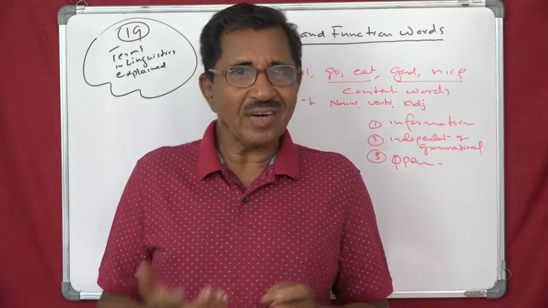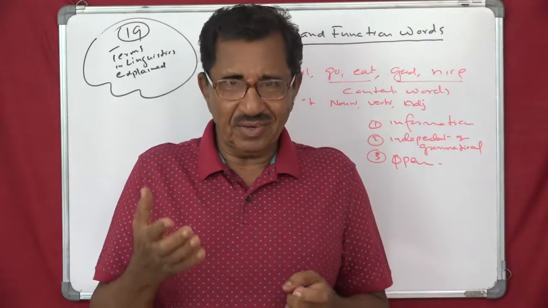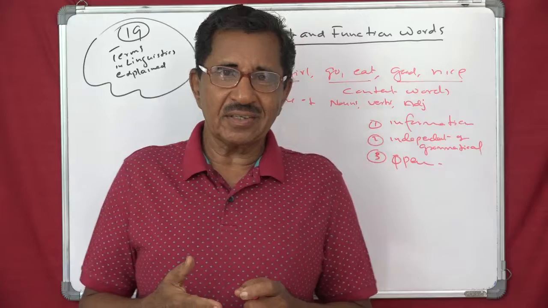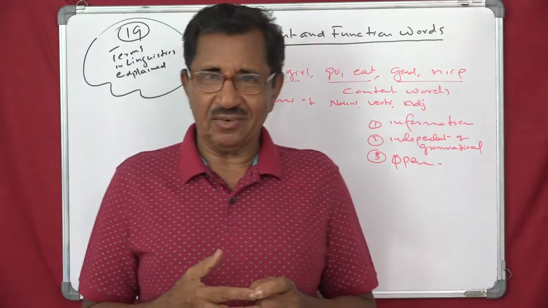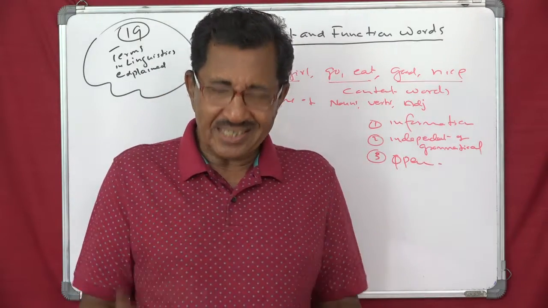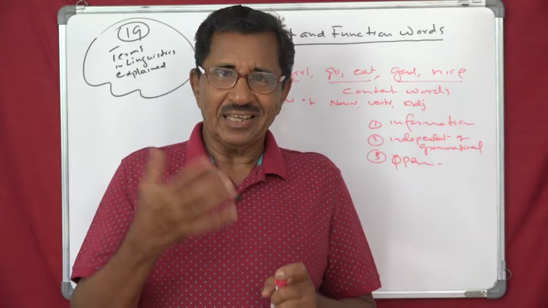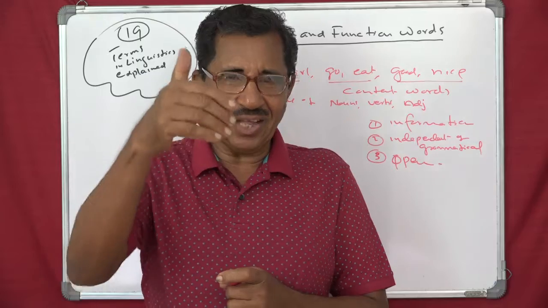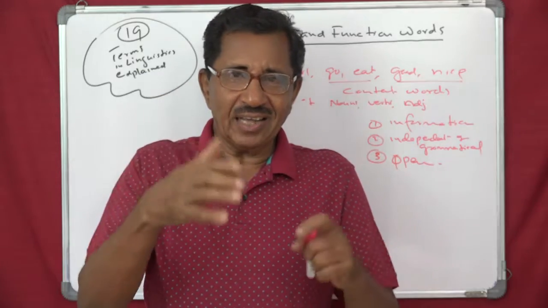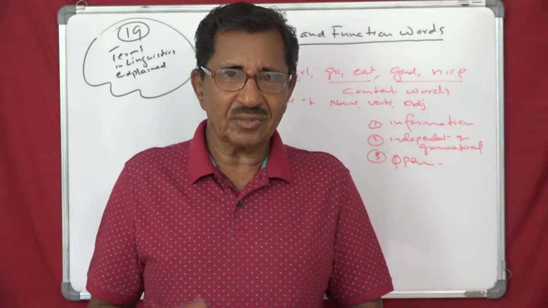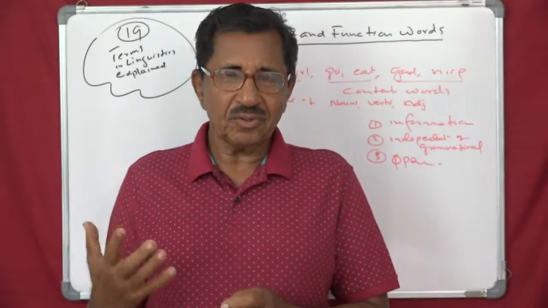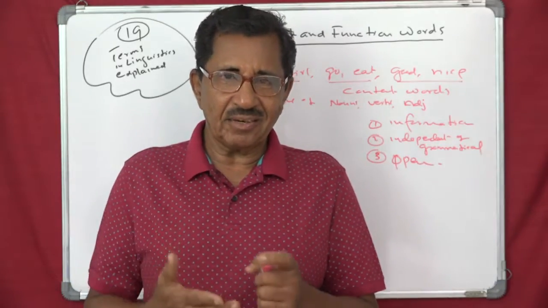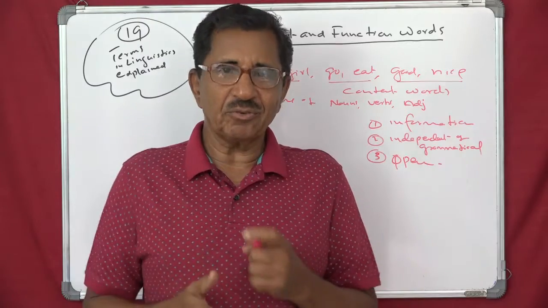Those words were not English words, but at the time of Gorbachev, Russia under Gorbachev, these two words entered into English. Up to that time, they were not accepted as English words, but from the time of Gorbachev onwards, in English we started using them.